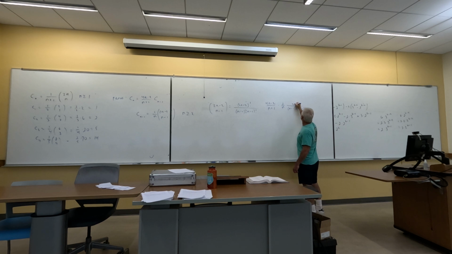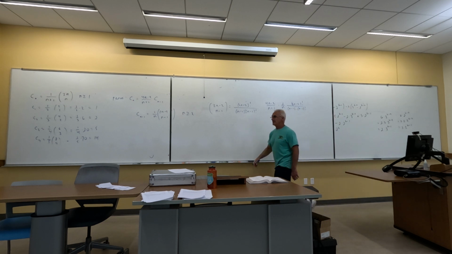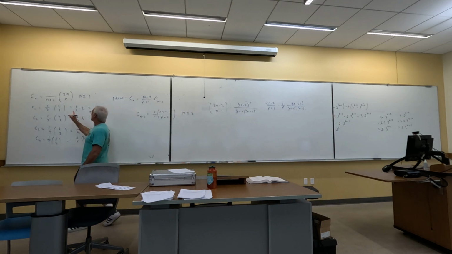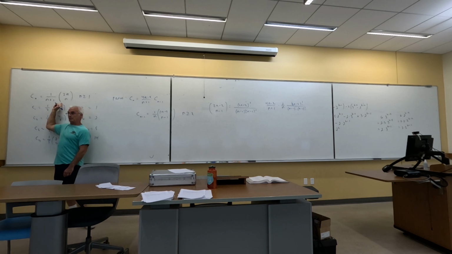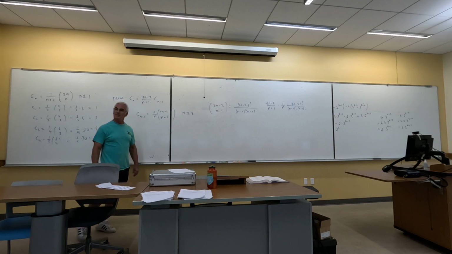And then I have 2n minus 2 factorial. What do I want all of this to look like when all is said and done? I want it to look like this. That's what I'm trying to prove. I'm trying to prove that that quantity is equal to this quantity. It sure doesn't look like it yet.